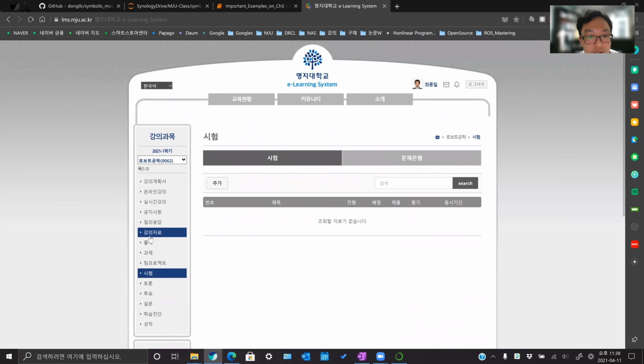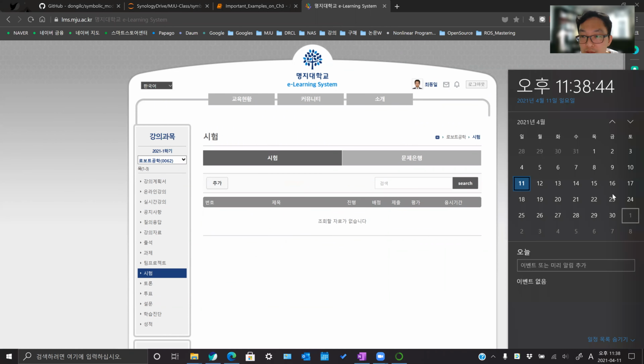Basically, we will have the examination in week 7 or week 8, this day or this day. So I will make a vote in KakaoTalk to choose the midterm examination date. You should choose one of them.